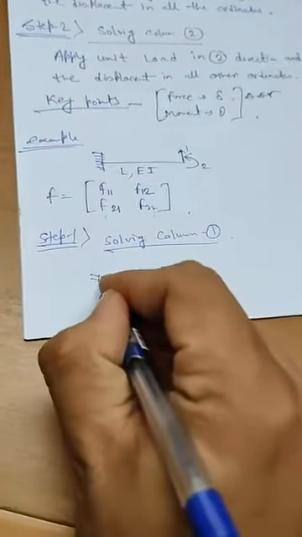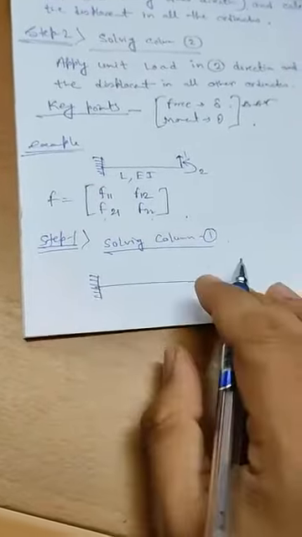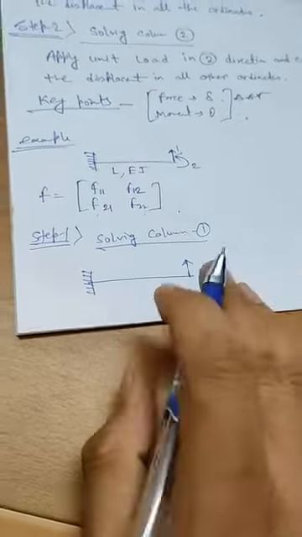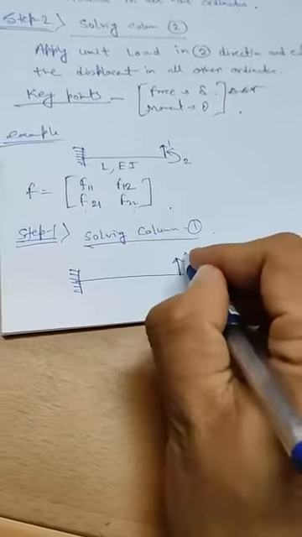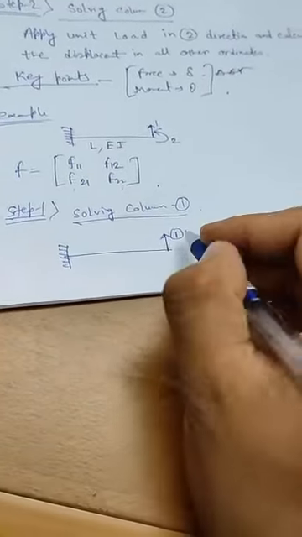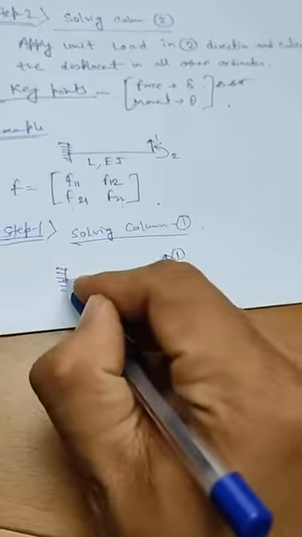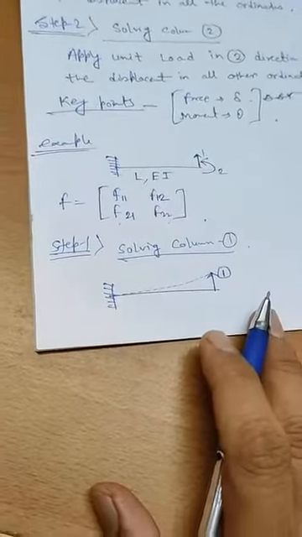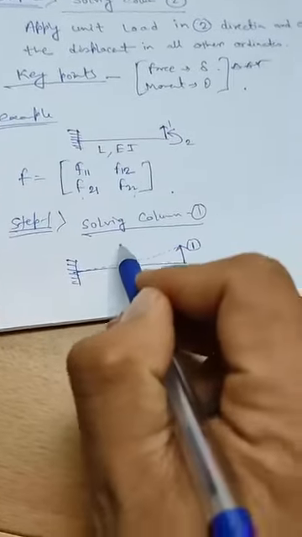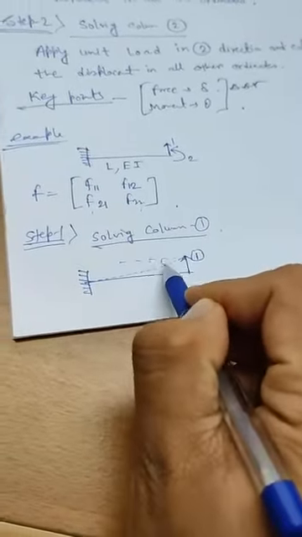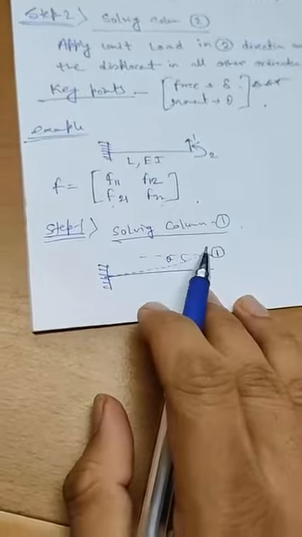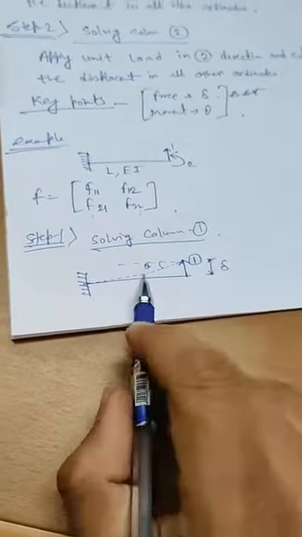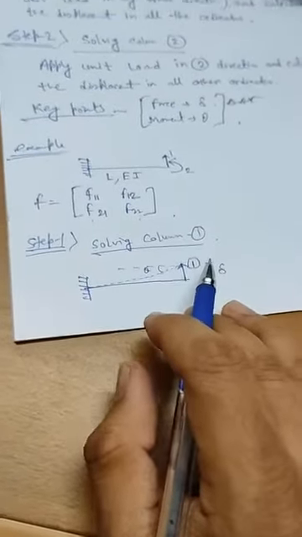So this is the cantilever beam, we apply unit load in one direction only, no moment is there. This is the deflected shape, and this is the slope, that is theta. The displacement value will be delta and the slope is theta.